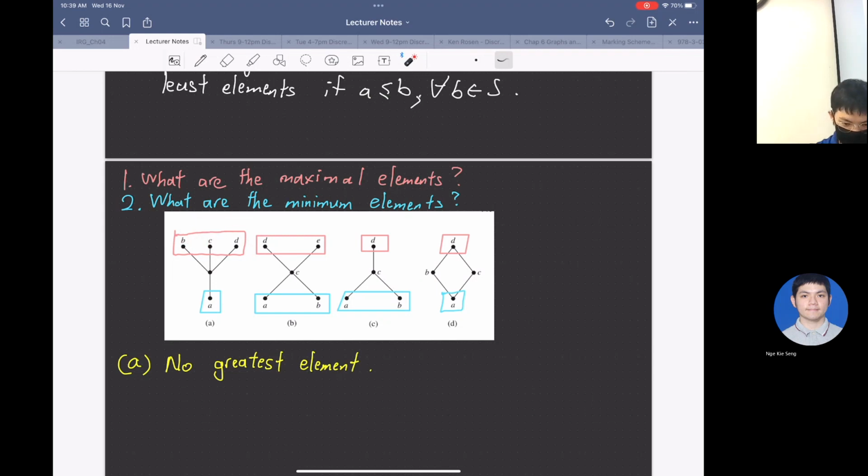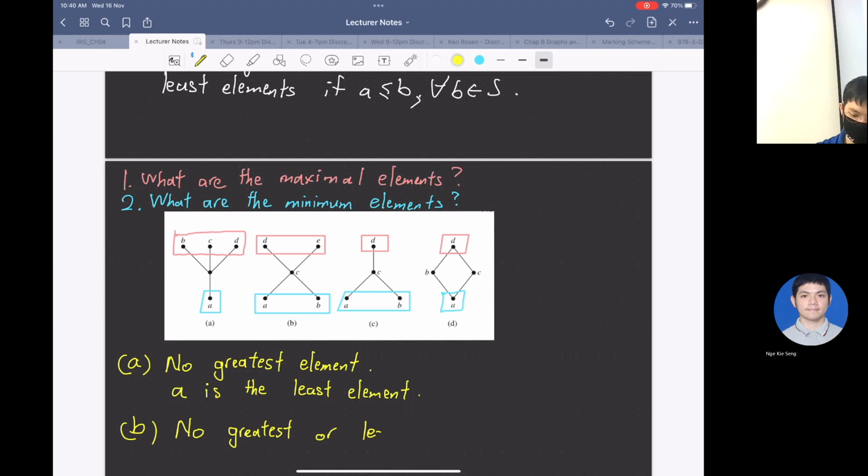How about the smallest one? Does graph A have the smallest one? Yes, A is the least element. How about B? Do you have a greatest and least element? No, because you cannot compare D and E, and you also cannot compare L and B, so you don't know which one is the greatest or least.